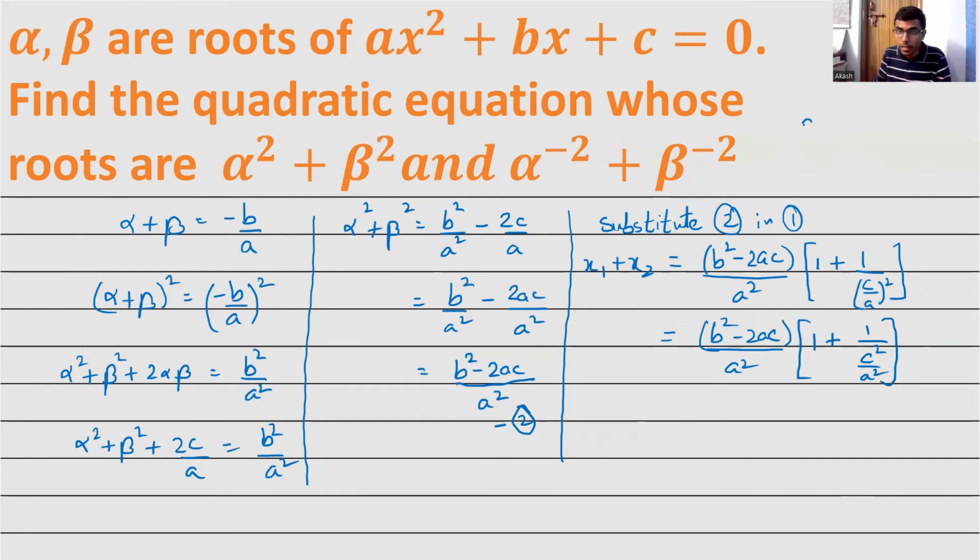Okay, there is a law which states that (a by b) whole power n is equal to a power n by b power n. So that is why c by a whole square is c square by a square. Now this is nothing but b square minus 2ac by a square into 1 plus a square by c square. Because you see this is 1 by c square by a square, so this would become a square by c square.